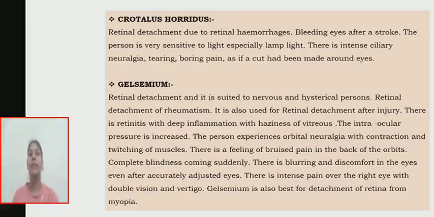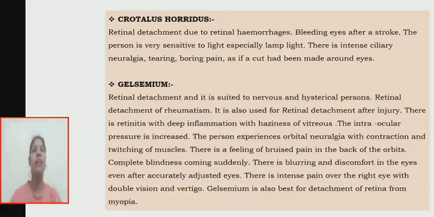There is retinitis with deep inflammation with haziness of the vitreous. The intraocular pressure is increased. The person experiences orbital neuralgia with contraction and twitching of muscles.